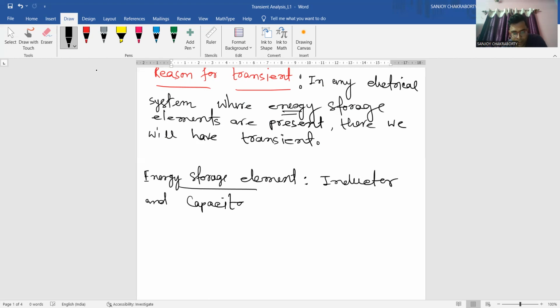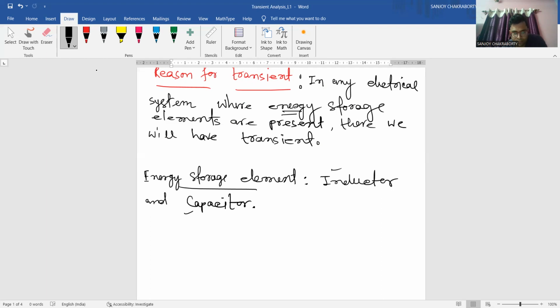So in any electrical circuit where either inductor or capacitor or both inductor and capacitor are present, there will be this transient analysis in electrical system.